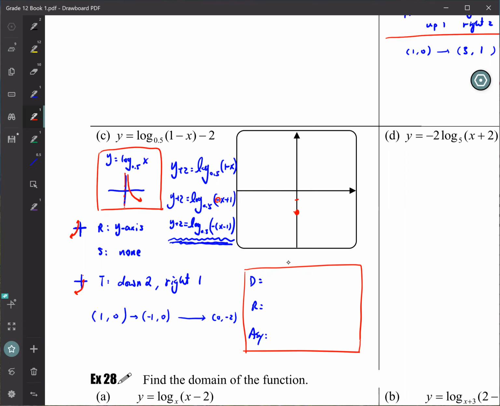Let's get that first, okay? Equation of the asymptote. Eric, I don't know. Okay? How about Tiana? Is it x equals to 1? Yeah, x equal to 1, okay?